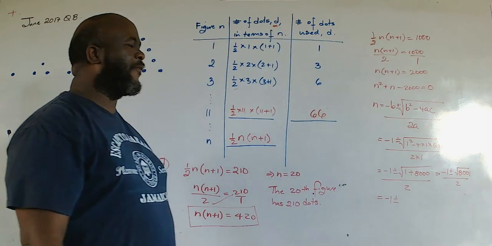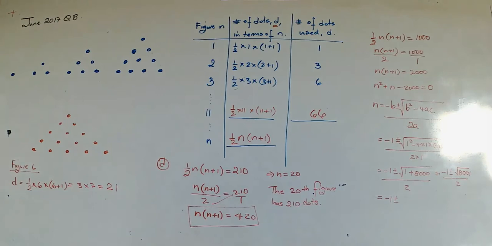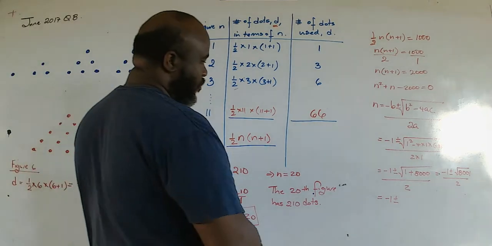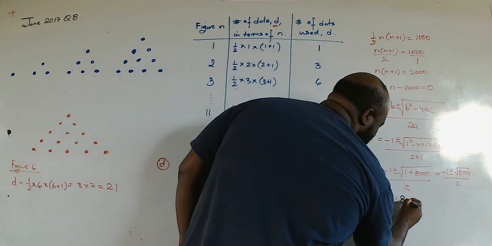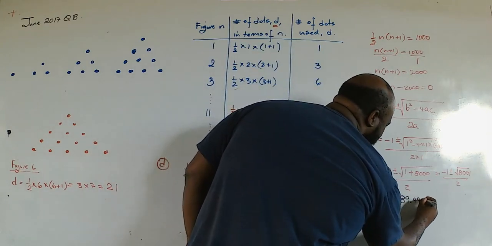Give me the square root of 8,001. 89.448.